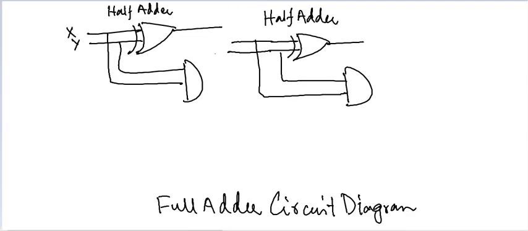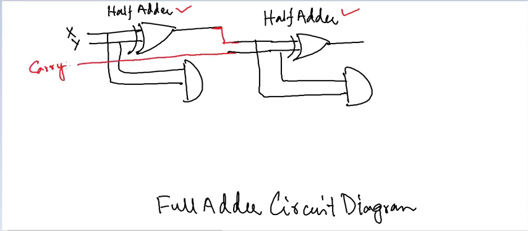Okay, let me show you quickly how to draw the full adder circuit diagram. For a full adder circuit diagram we just need 2 half adder circuits, okay, and we're going to link these up, and the linking is pretty simple. The XOR gate output from the first half adder goes to the XOR of the second half adder, and this second input is basically the carry bit.